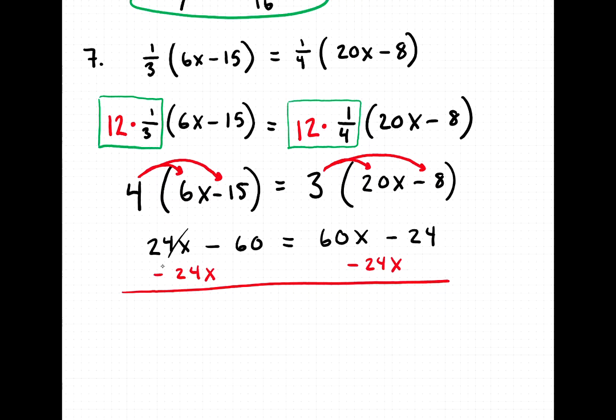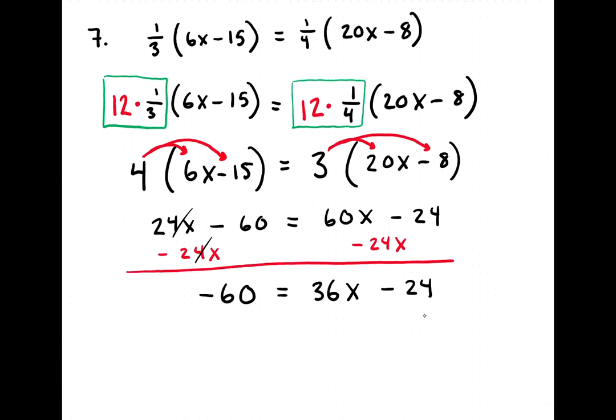So on the left, the 24 x's will cancel, and we still have this minus 60. And on the right, 60 minus 24 should be 36. So we have 36 x's on the right, and we still have that minus 24. And we're going to keep going. We want to get x by itself, so let's get rid of this minus 24. So we could add 24.